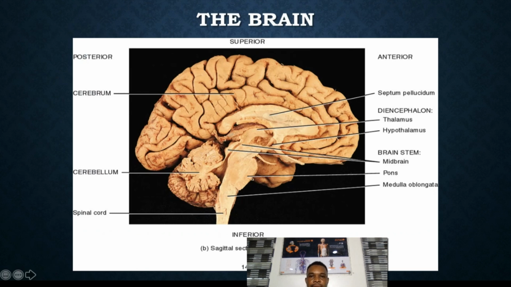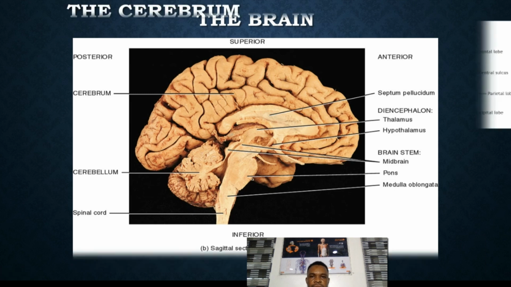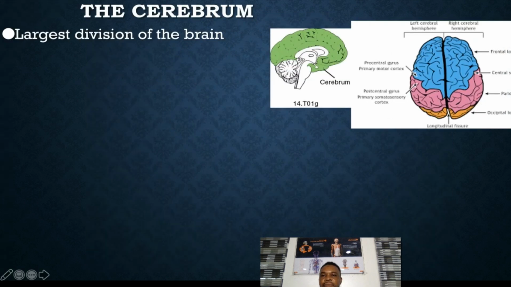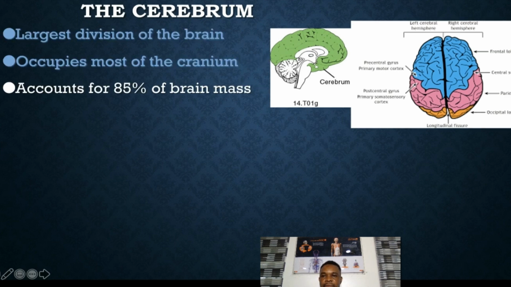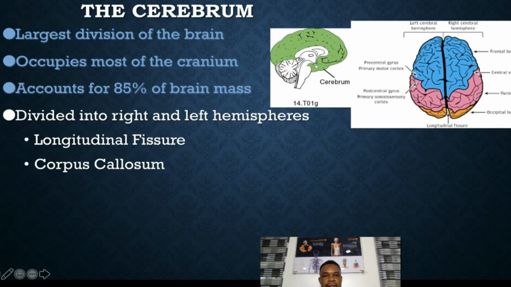So let's look at the brain proper, or the cerebrum. The cerebrum is the largest division of the brain that occupies the cranial fossa. It accounts for about 85% of the brain mass. If you look at the structure on the screen, this part you are seeing is the cerebrum.